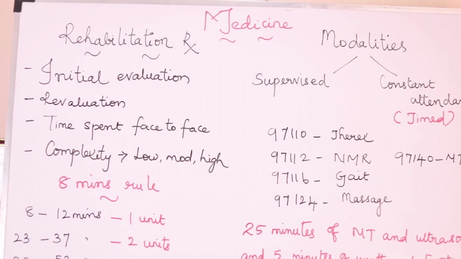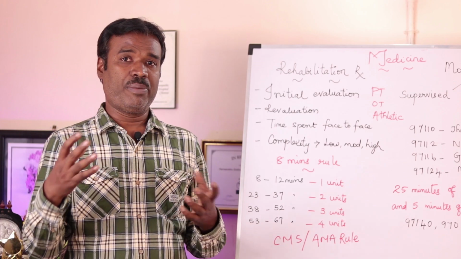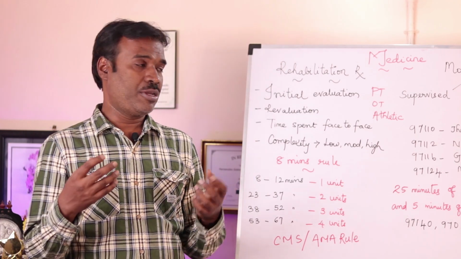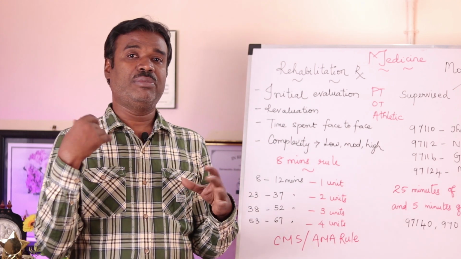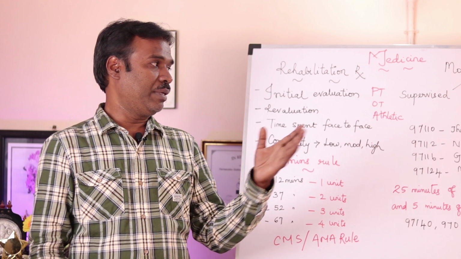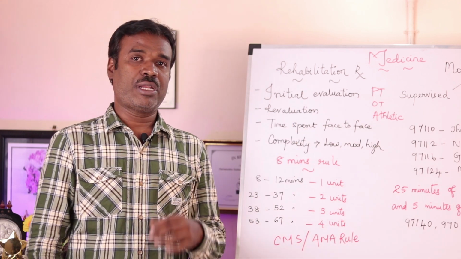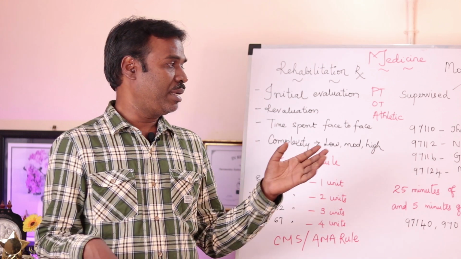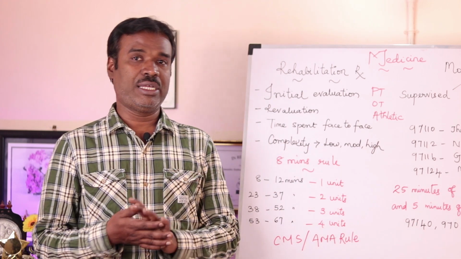Here a patient might be suffering from a central nervous system disorder like a stroke, paralysis or Parkinson's disease, where the physician is trying to regain the kinesthetic sense, posture or neuromuscular stability. In that case, you would be reporting 97112. 97116 is climbing a staircase or gait training. 97124 is a massage, and 97140 is manual therapy.